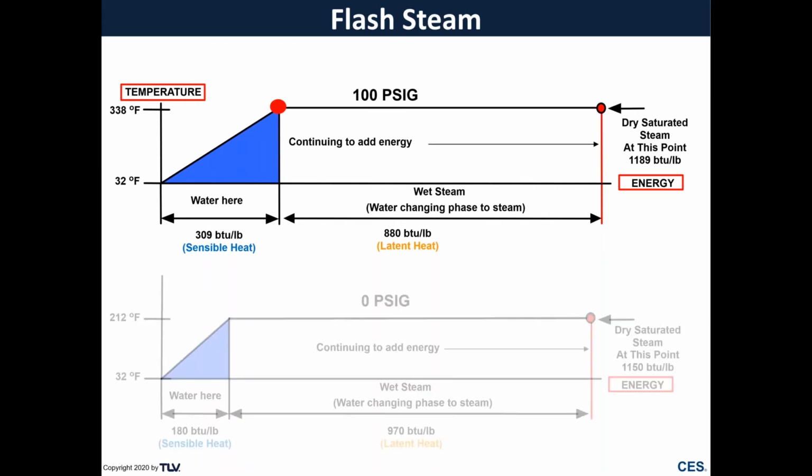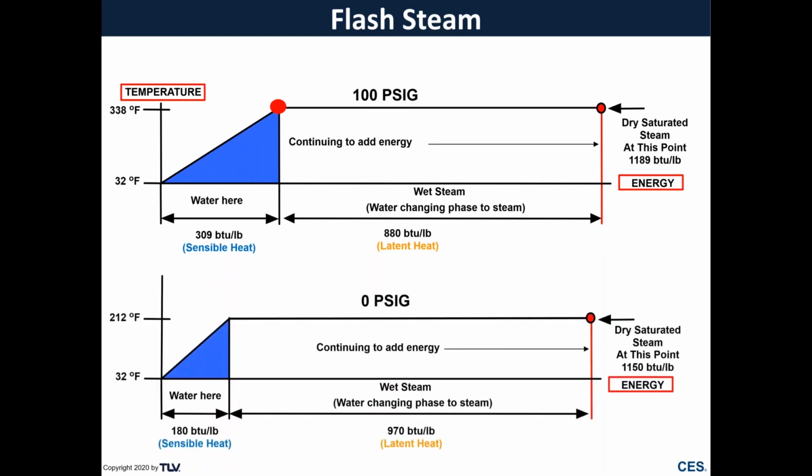Now, if we're discharging that to atmosphere, condensate can only exist at atmospheric conditions at 212 degrees, and it can only hold 180 BTUs. So that condensate has an additional 129 BTUs per pound of energy, which is immediately released into flash, and that's what we see coming out of our steam trap.